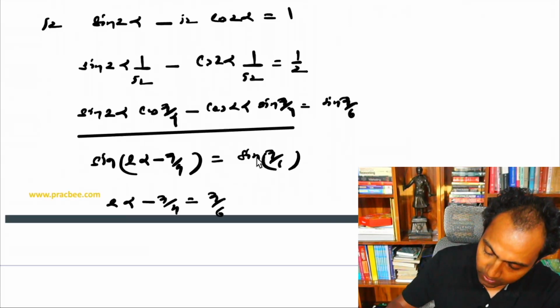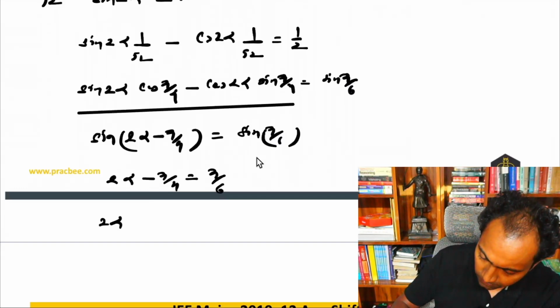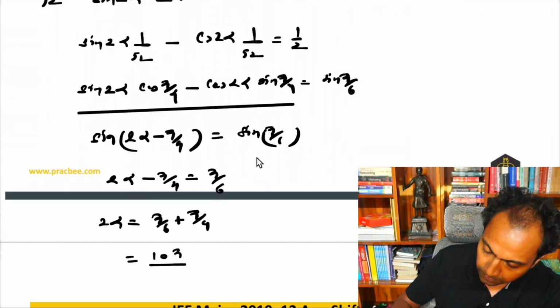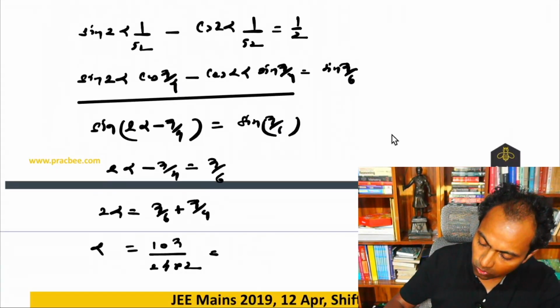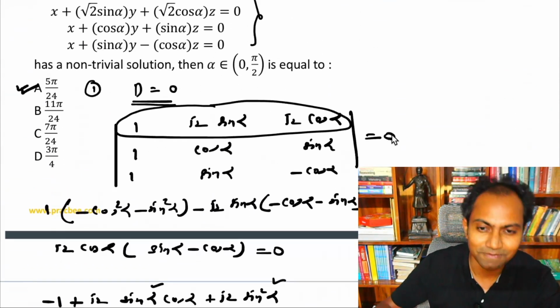And I can write one more value, the principal value, or we can write general solutions as well. So pi by 6 plus pi by 4 is the value of 2 alpha, which becomes 4 plus 6, 10 pi by 24, and dividing by 2, if you simplify, the answer comes out to be 5 pi by 24. Let us check the options. So you can see that option E matches.